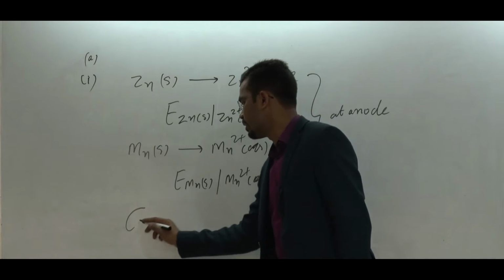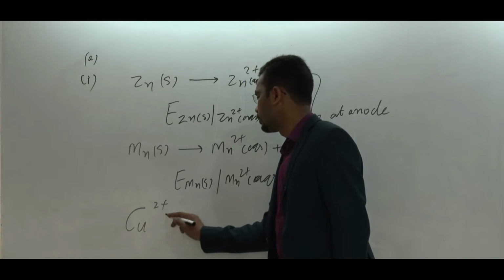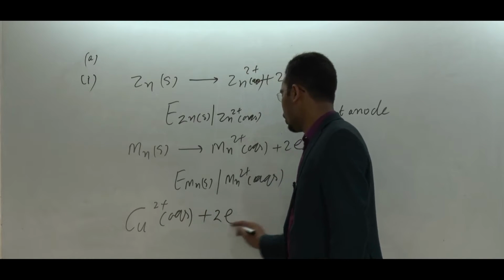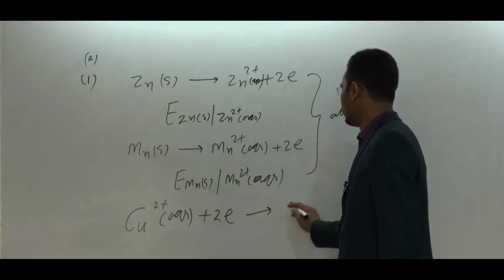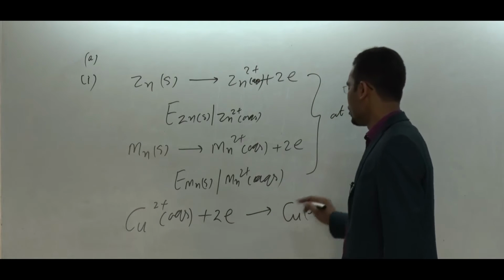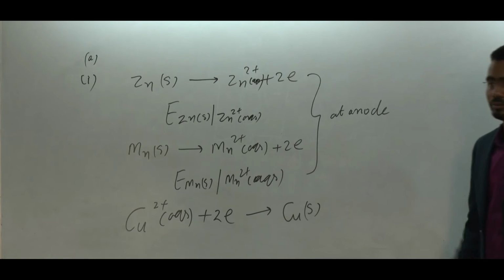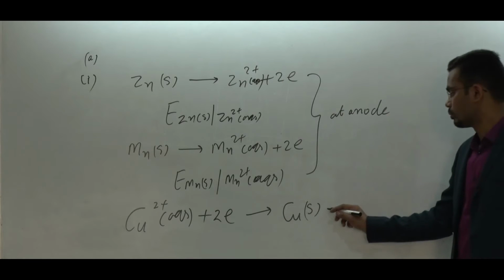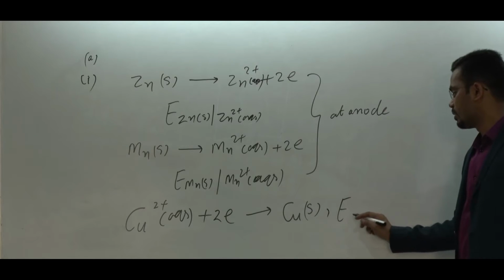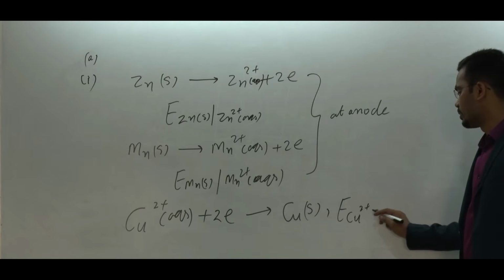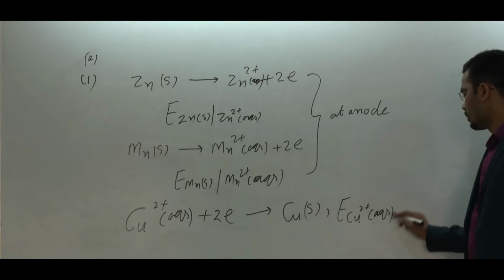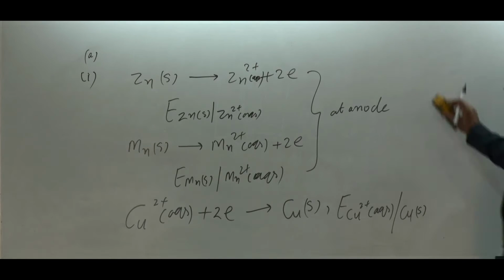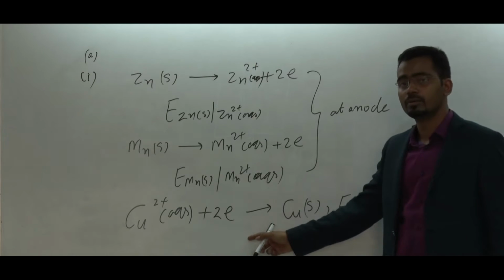The reaction occurs like this: copper 2+ aqueous plus 2 electrons forms copper solid. So how do we represent this cell? It is represented as Cu2+ aqueous and Cu solid. So this is called what? Anode or cathode?